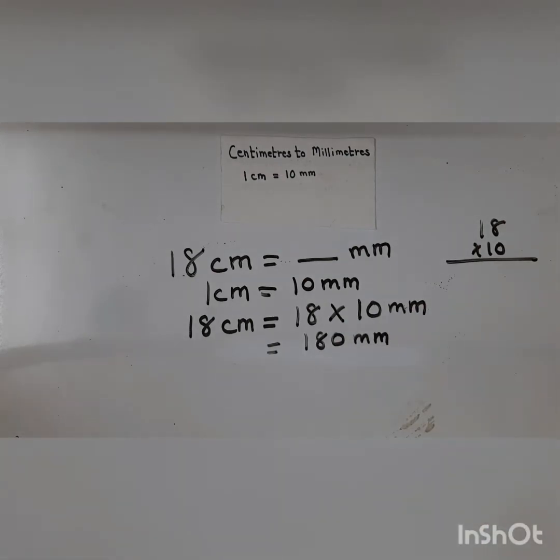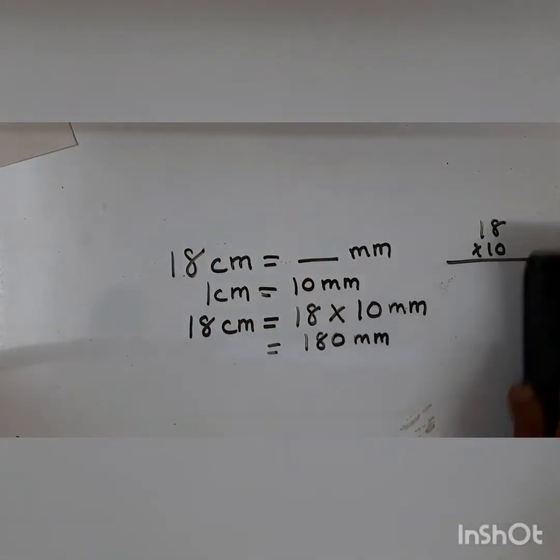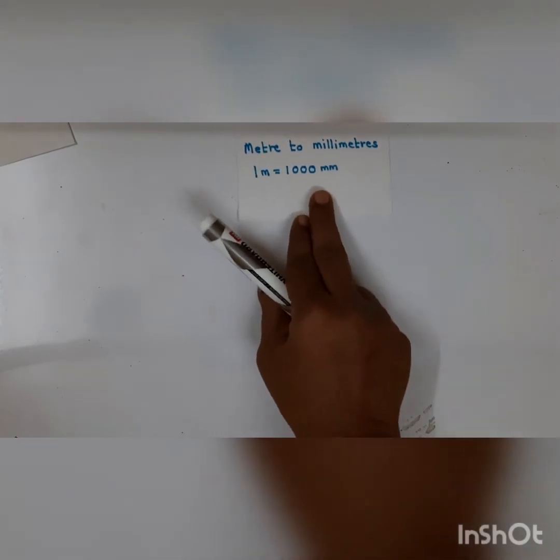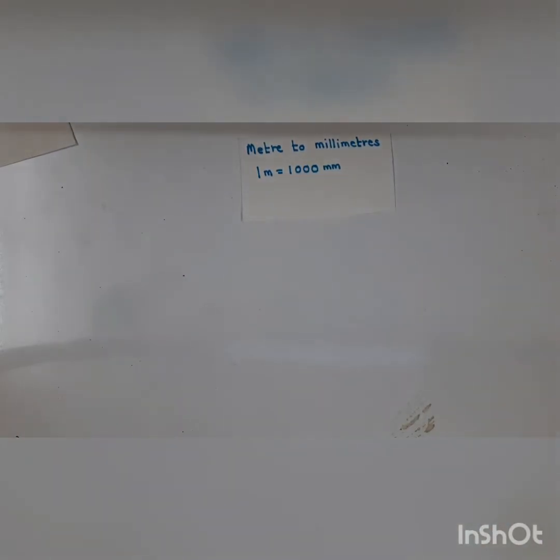Now let's move to the next one. The next one, what's the next length, children? Yes, we have finished with meter to centimeter, then we finished centimeter to millimeter. Now we'll do meter to millimeters. Look here, we are doing meter to millimeters.